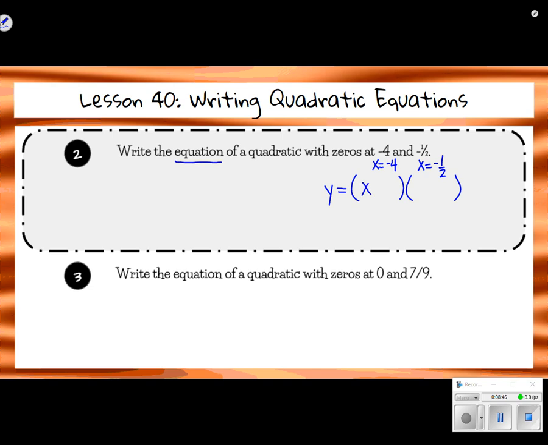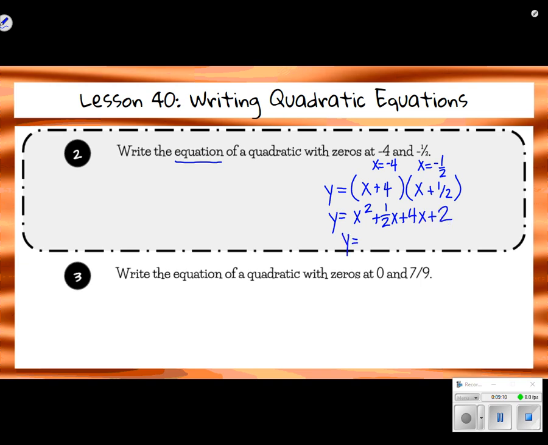So I know I have to have x's in here. Remember, it's just opposites. So this will be x plus 4, and this will be x plus 1/2. And then I can multiply them together. Y equals x times x is x squared, plus 1/2 x plus 4x, plus 4 times 1/2 is 2.